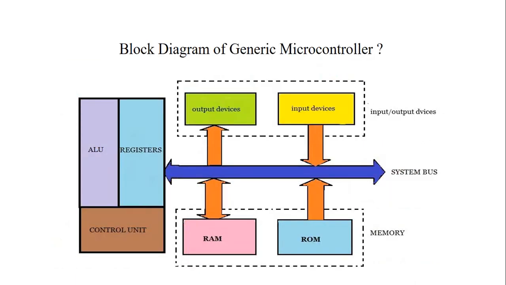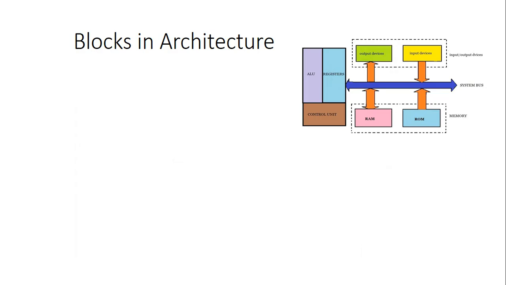We'll see the block diagram of a generic microcontroller. What are the blocks available? If you choose any kind of microcontroller, it comes with these basic blocks: ALU, registers, control unit, input and output devices, internal bus, RAM and ROM, which together we call memory. ALU stands for arithmetic logic unit.